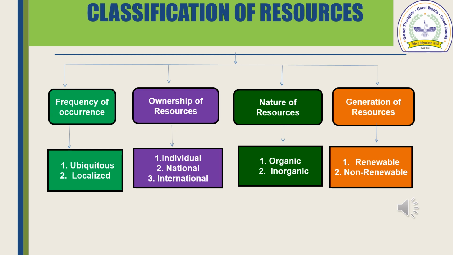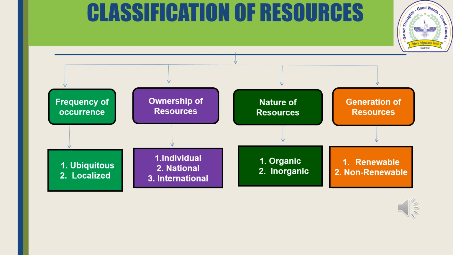Now the next resources, regeneration of resources. On the basis of durability, availability and regeneration, there are two types of resources. Number one is renewable resources. Second one is non-renewable resources.